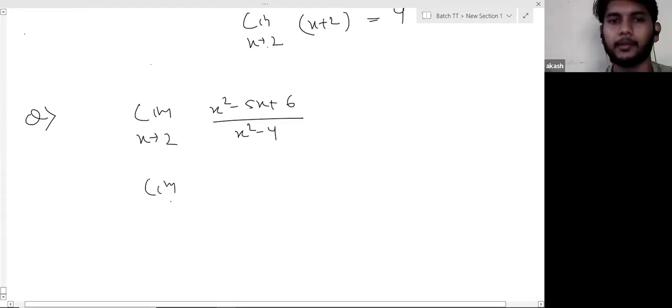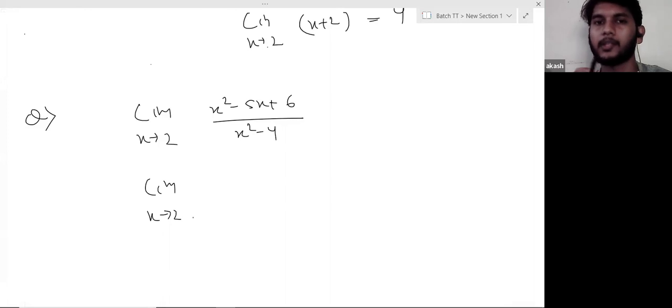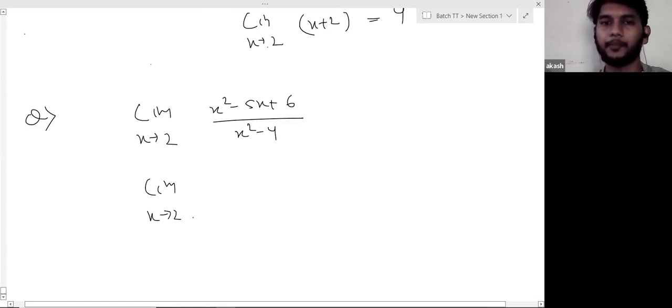All right. So limit x tending to 2. First step is always direct substitution. So putting x equals to 2 here, 2 square is 4 plus 6, 10 minus 10 becomes 0. That is okay. In the numerator 0 is fine. But in the denominator also we are getting 4 minus 4, 0. That is where the trouble is.